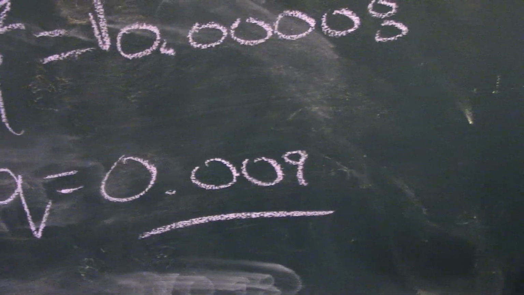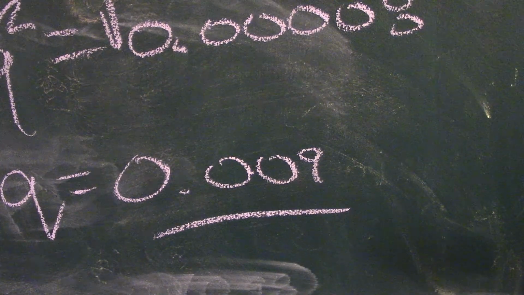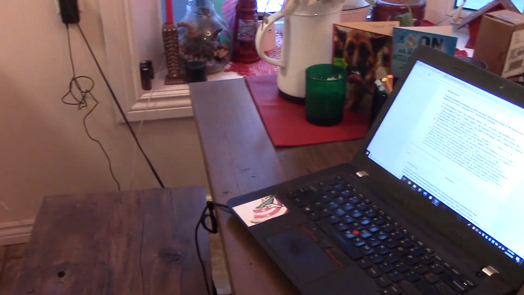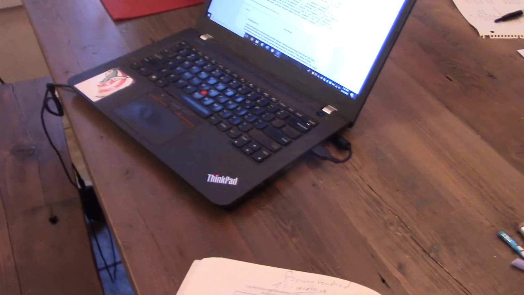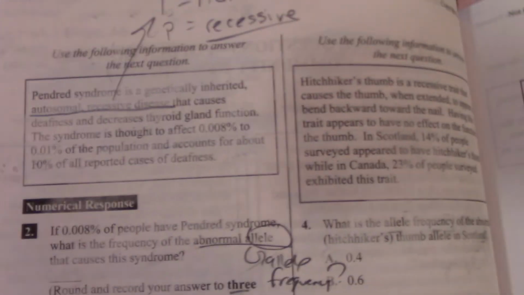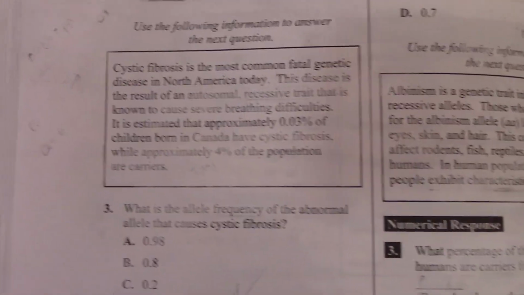All right. So the frequency of the abnormal allele is 0.009. Okay. And it said record it to 3 decimal places, so that should be correct. Okay. So that's NR2. Let's do the next question here.